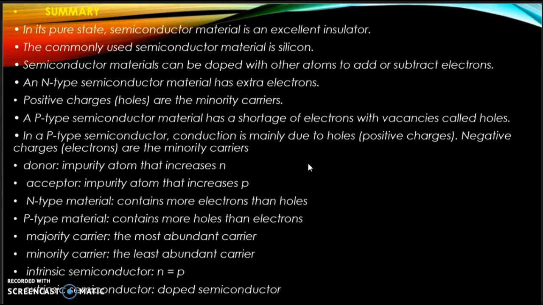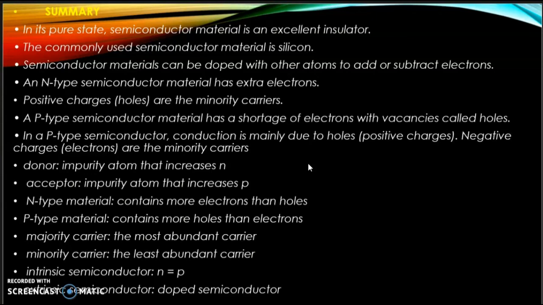And when we say a majority carrier, we are talking about the most abundant carrier. So when we take N-type, the most abundant is the electrons. So the most abundant carrier is what we mean by a majority carrier.